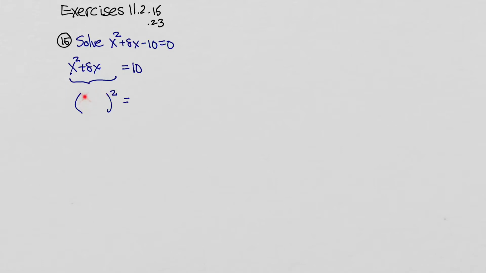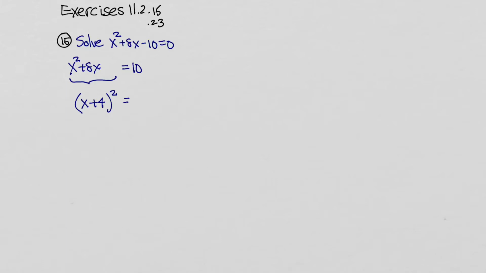We square the first, so what do you square to get x squared? You get x. Now, according to the pattern, you multiply these two together and you double it. Now, if you do that, you're going to get 8x. What would we multiply here? What would we put here so that when I multiply and double, I get 8x? Well, half of 8 is 4. Half of plus 8 is plus 4. So we're putting a plus 4 here.